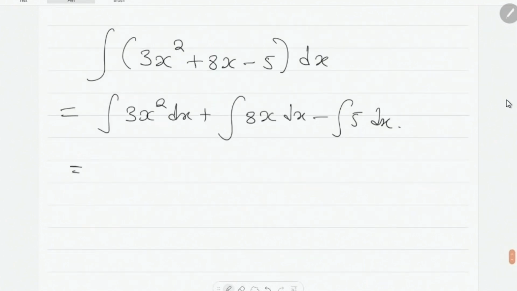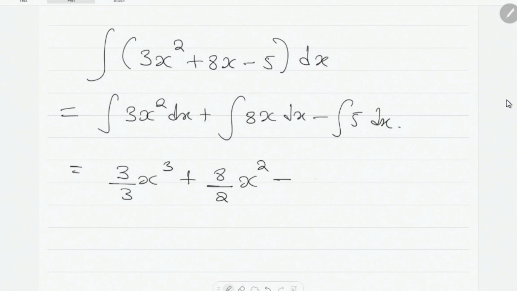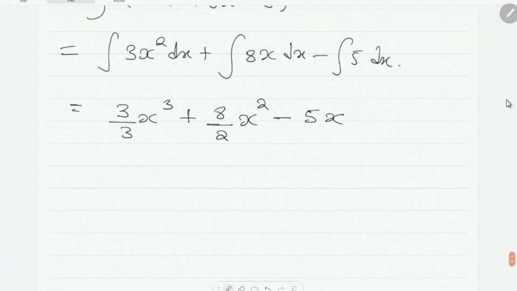Integrating the first part, I will have 3 over 3 x raised to the power 3, plus 8 divided by 2 x raised to the power 2, then minus the integral of a constant, you just multiply that by the variable x. Then I'll simplify that. 3 into 3 gives me 1, so the first term will be x cubed, plus 2 into 8 gives me 4, then x squared minus 5x.